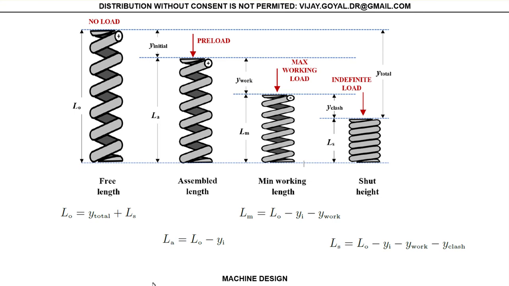Okay, a couple of dimensions that we just keep in mind here. This is called the free length, can be found by these equations here. Just note that everything we are doing, we are talking about linear springs, not a nonlinear spring.